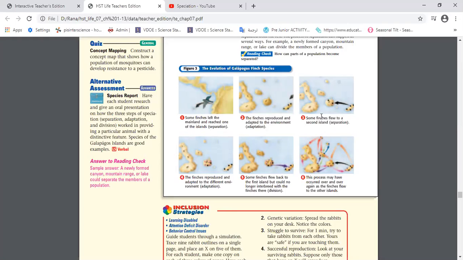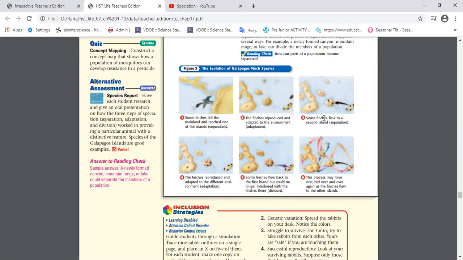For example, an island that has higher trees while another island just has short trees or shrubs. So we could find that the island with high trees will support the birds which have strong wings to fly higher, while the other will support the zebra finch which has a short beak to be able to pick seeds and so on. Good idea, guys? So like this, we find the finch reproduce and adapt to the environment.